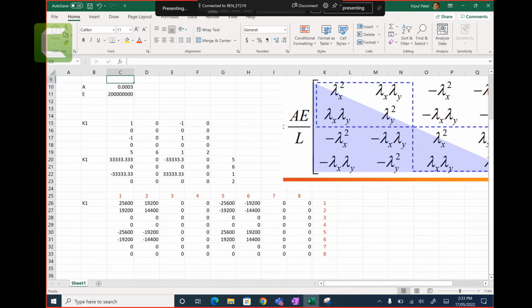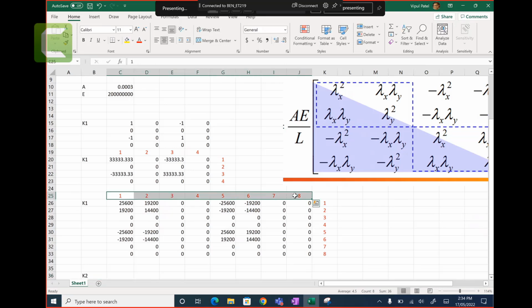You have K1, and these numbers should be changed as well. This is red and in the middle, and this will change in the middle. So let's change those numbers. Now this one 1, 2, 3, 4. Now let's do the K2 here. Copy this.